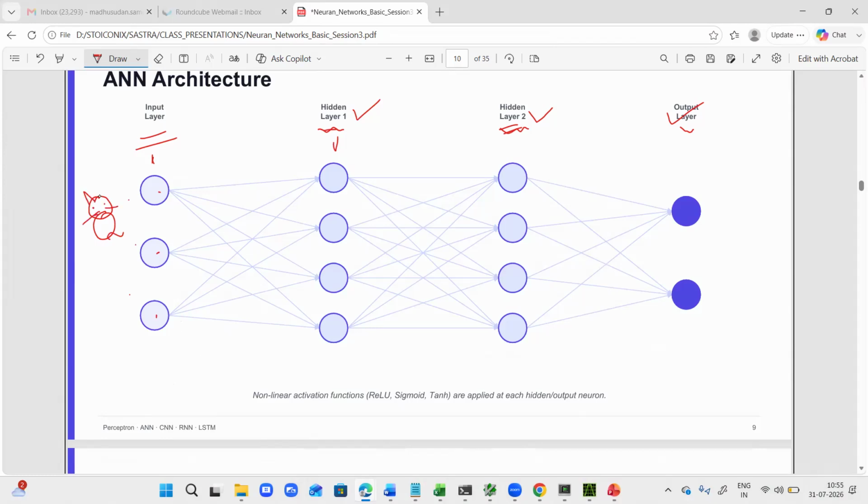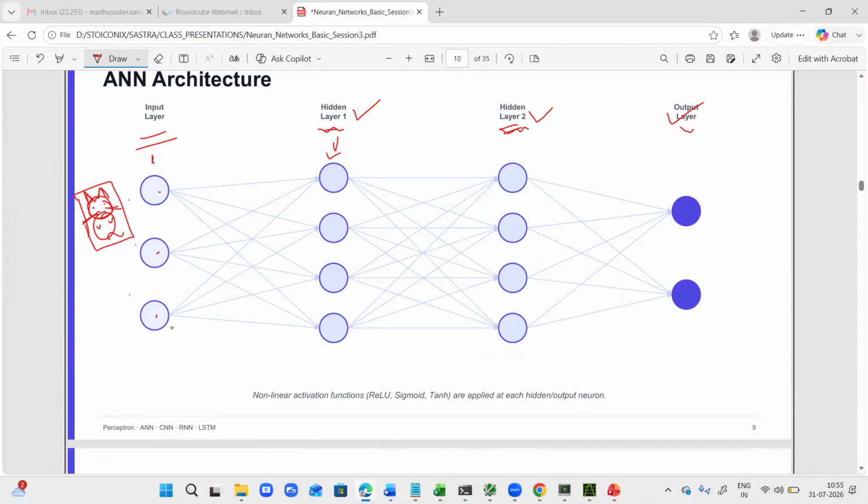This sort of resembles a cat, right? If you feed this to a neural network, and you want the neural network to identify and tell whether it is a cat or not, maybe the first layer will focus on, say, these lines. It will try to extract these lines or these patterns.